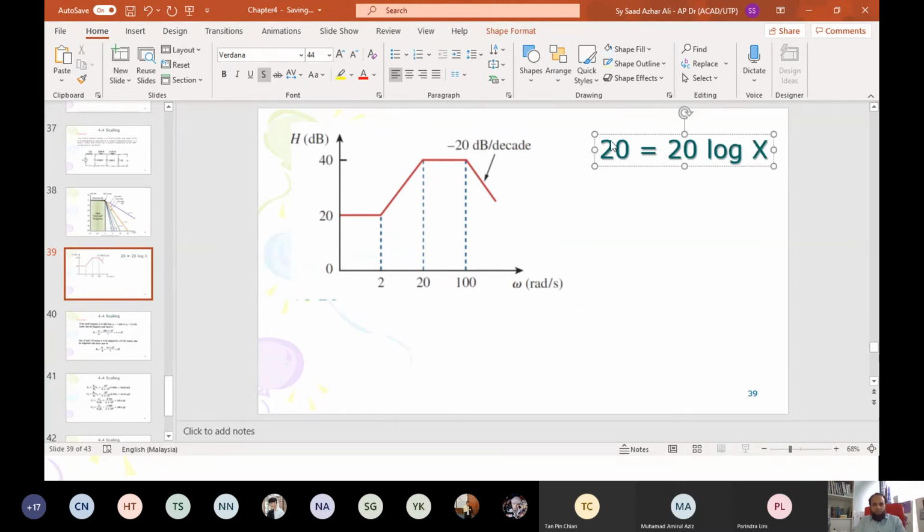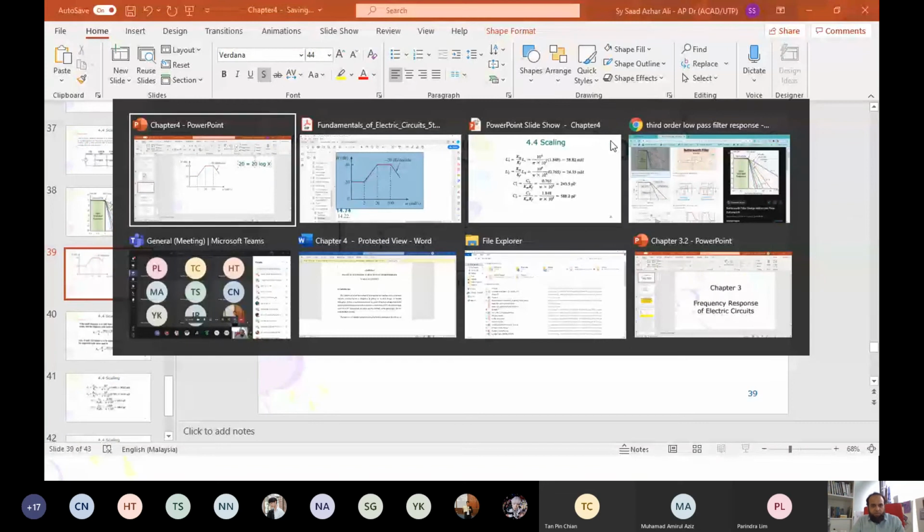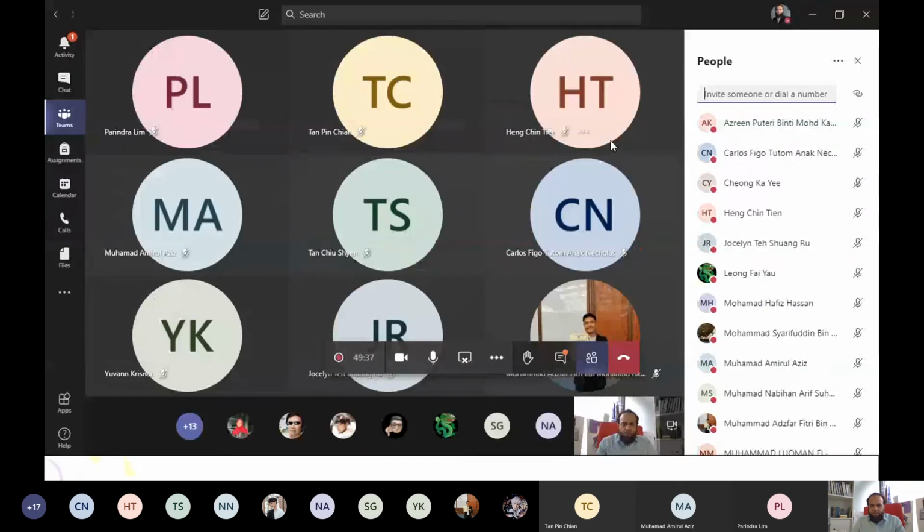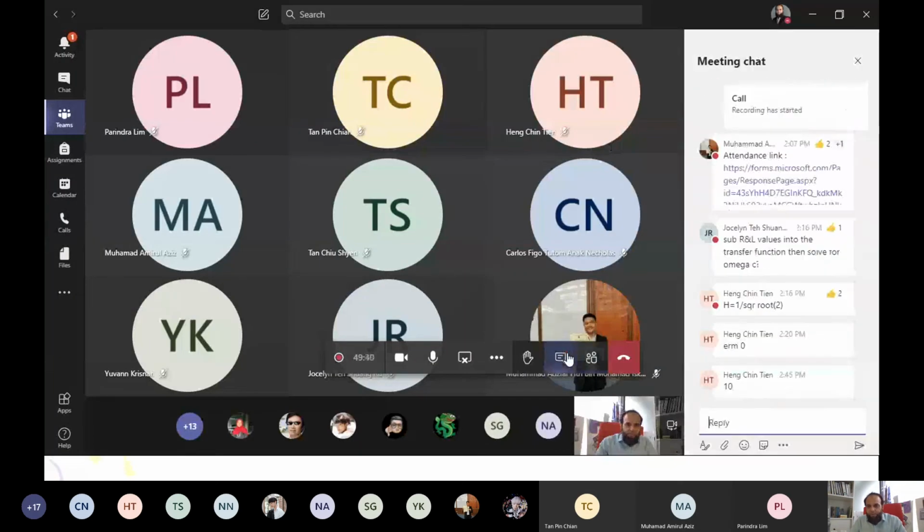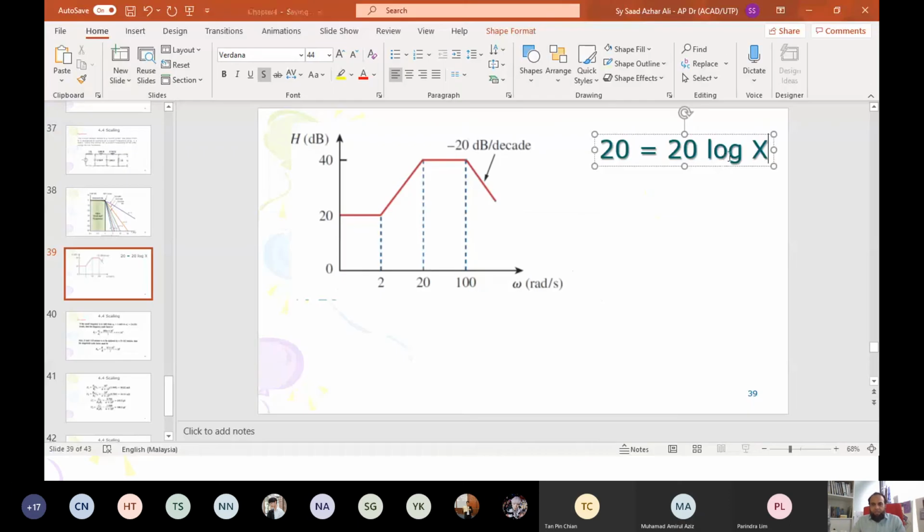What is x equal to? Okay, 10. Yes, thank you, Hengqin Tian. If x is 10, then 20 log 10 is 20. So this means that K equals 10.